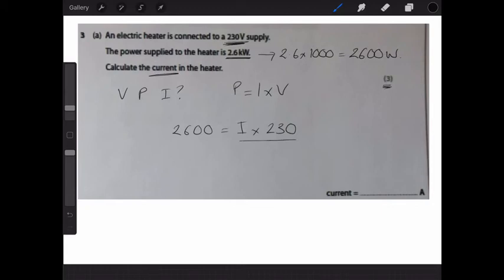Therefore, if I divide both sides by 230, and of course you could do this with a triangle if you'd rather, these 230s cancel out, showing me that to work out the current I need to do 2,600 divided by 230, and I'm going to put the answer rounded to 1 decimal place, so that's 11.3 amps.